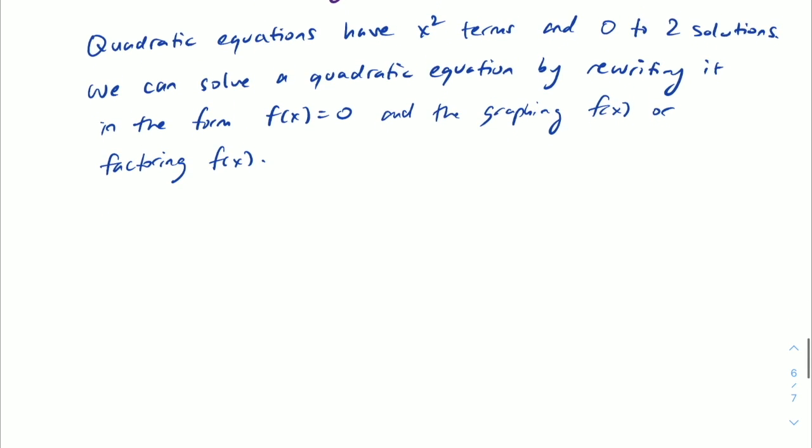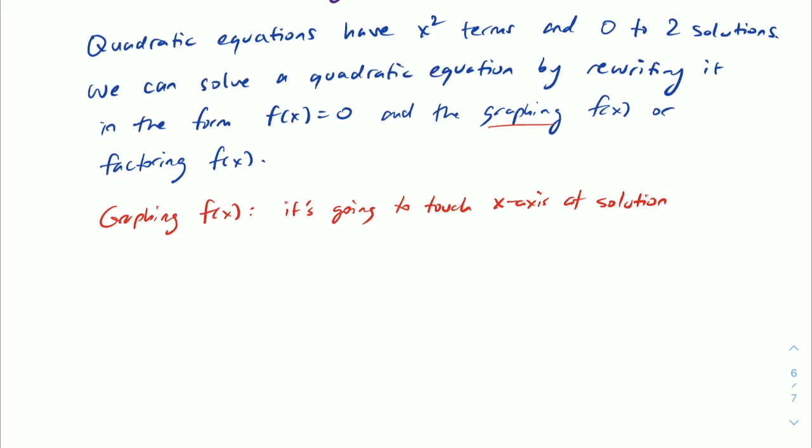All right, let's talk about graphing. So when we're graphing this function that we've defined, it's going to touch the x-axis at the solutions. So we could have three possible scenarios.